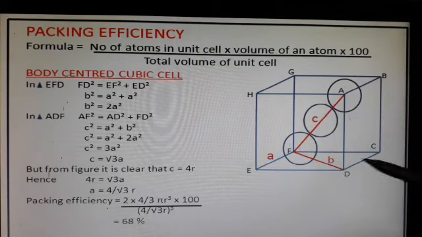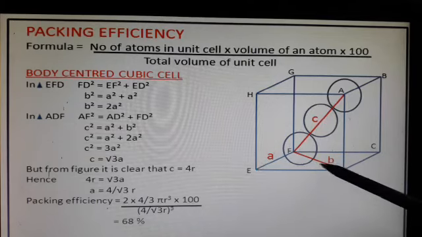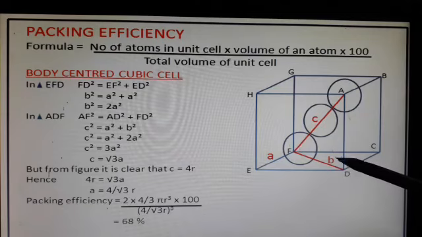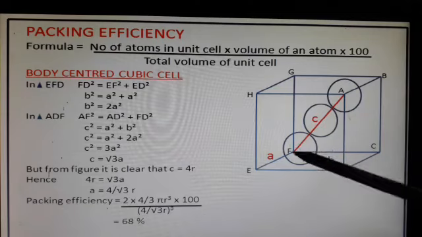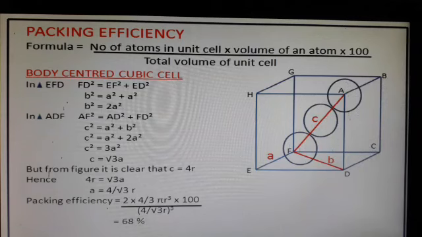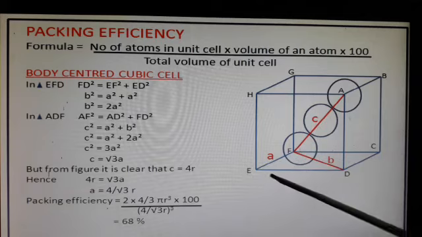So, to calculate cube diagonal, let's start calculation in triangle EFD. EF is an edge, equal to A, and FD is a diagonal, its value is suppose B, and the value of AF, cube diagonal, is C. So in EFD, you can see very clearly, FD square, it's a hypotenuse, so FD square will be equal to EF square plus ED square.